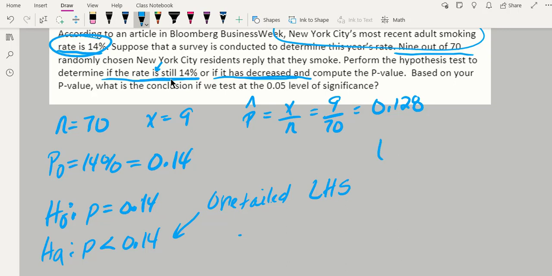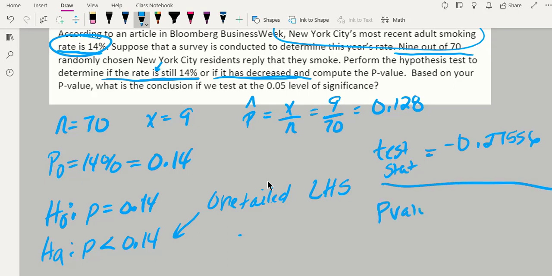So our test statistic was negative 0.27556, and our p-value was 0.3914. When we are doing our hypothesis testing, we base our conclusion upon our p-value.